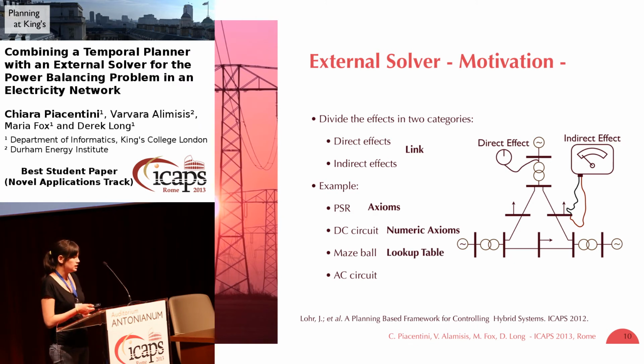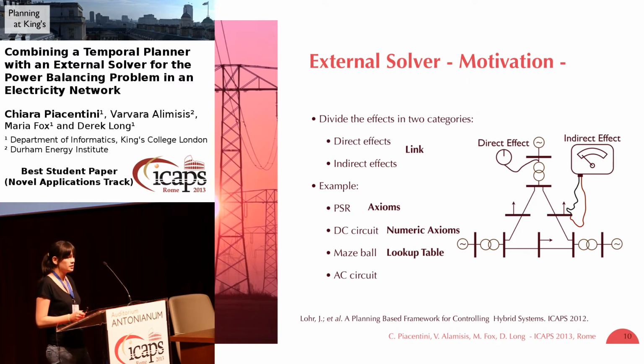In the maze ball domain, because the dependency between the angle of the table and the position of the ball wasn't trivial, the approach used in the paper was to precompile a lookup table with all the possible values that we have.